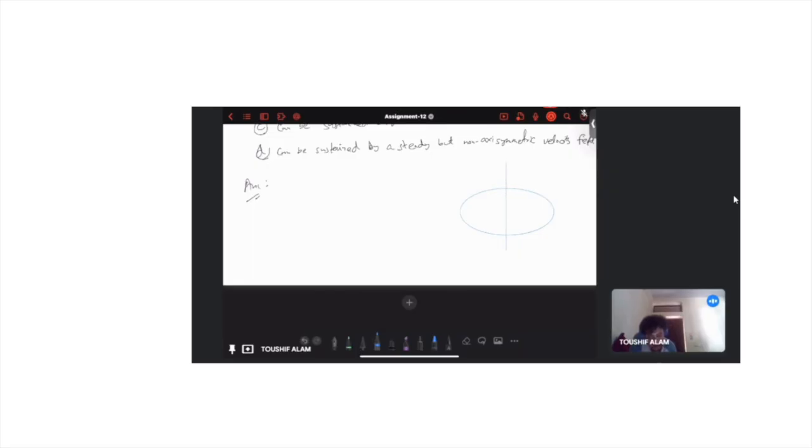Okay, so this is the axis. The magnetic field is symmetric about the axis. It can look like this.